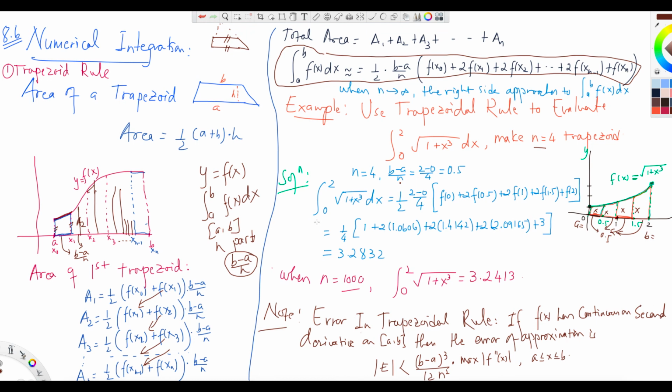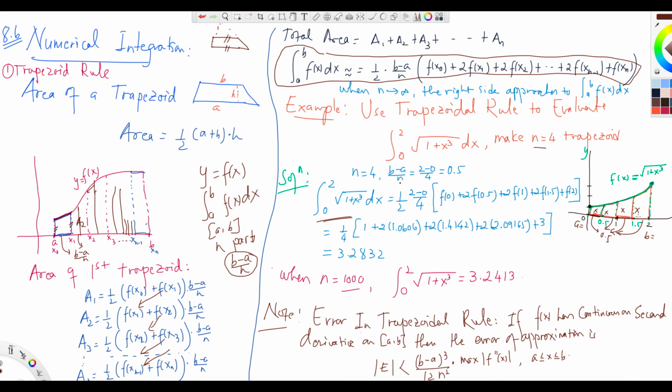Now to find the integral, what you do is 1/2 times (b minus a) over n, which is 4. I did f of x0, which is basically 0. x1 is 0.5, x2 is 1, x3 is 1.5, and x4 is 2.